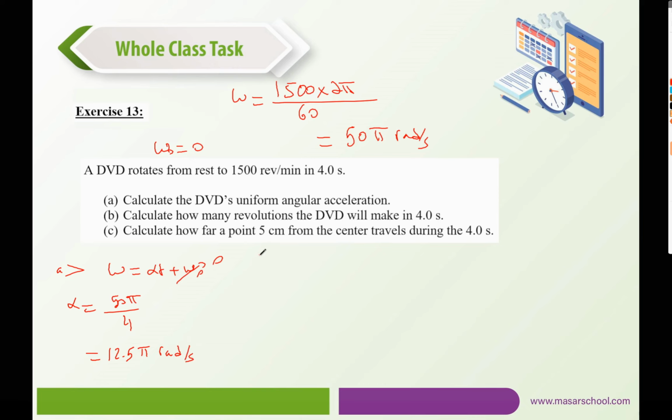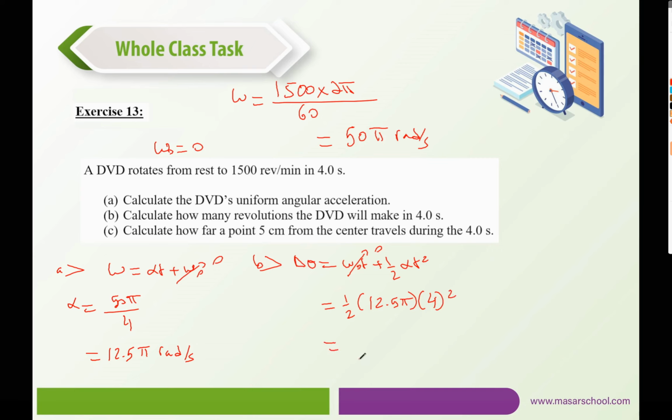That's it for part A. In part B, how many revolutions, which means delta theta, which is omega 0 t plus half alpha t squared, that's 0 plus half of 12.5 pi multiplied by 4 to the power of 2.